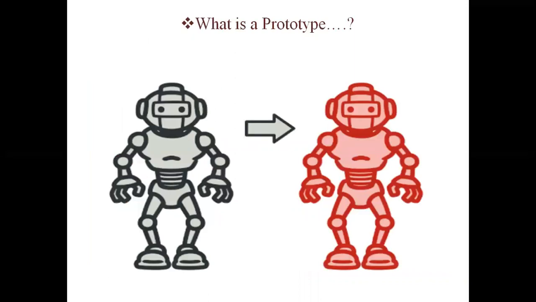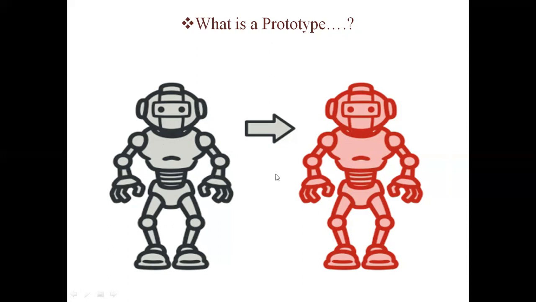If you don't know the meaning of the word prototype, you can remember it as: a prototype is a sample. You can call it a sample or an example. Let us observe this picture in front of us. There is a picture of a robo. Both the robos look similar to each other, but the robo in red has a different color.